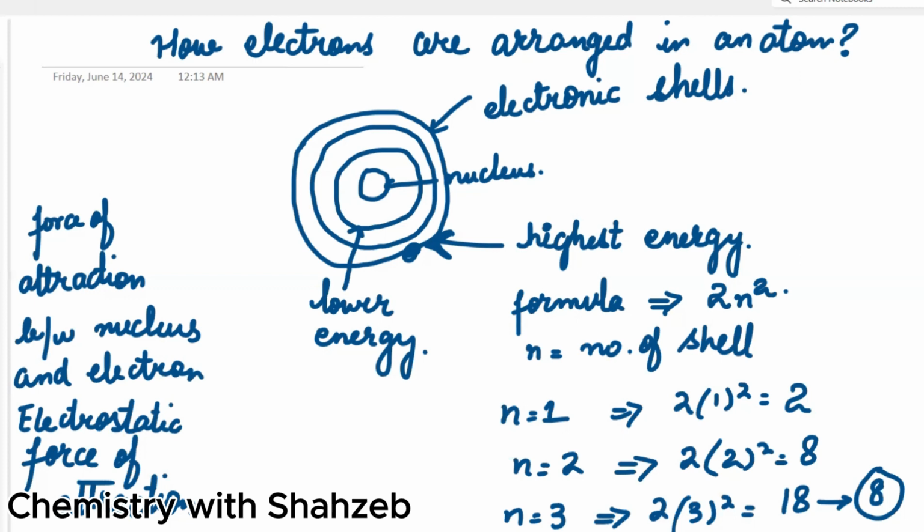So we are concerned with the electronic configuration of atomic number from 1 to 20. We just need to memorize that the third shell can also accommodate a maximum of 8 electrons. And the reason for this, we are going to study in A levels.